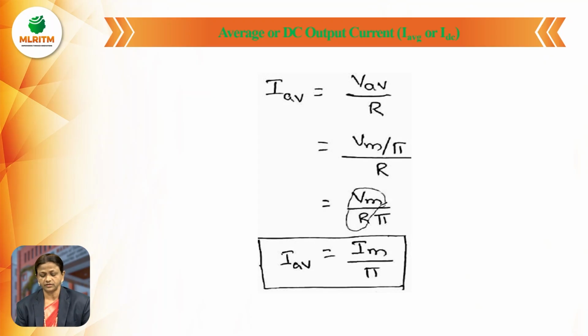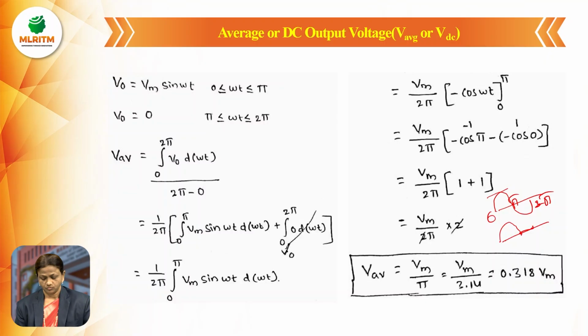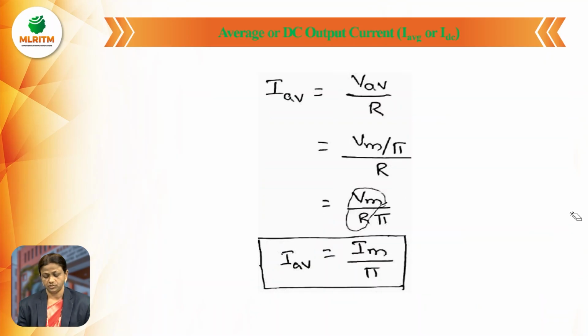Next, average or DC current value. How can you calculate it? IDC, or I average, is the DC current value. By using Ohm's law, V equal to I multiplied by R, therefore I equal to V by R. So IDC equal to VDC by R. We already calculated the VDC value, which is Vm by pi.